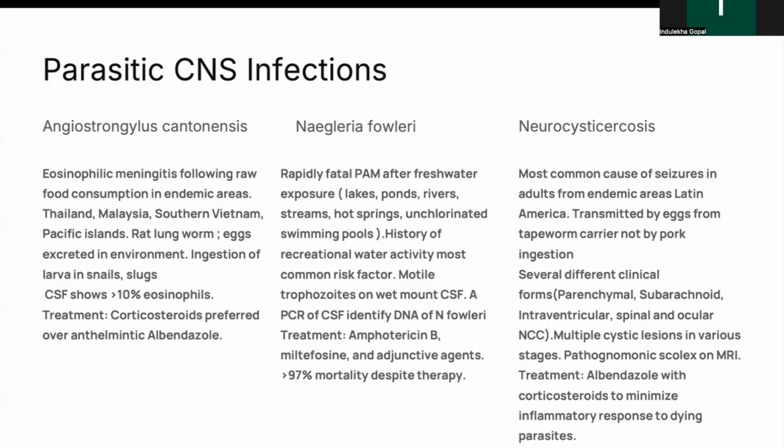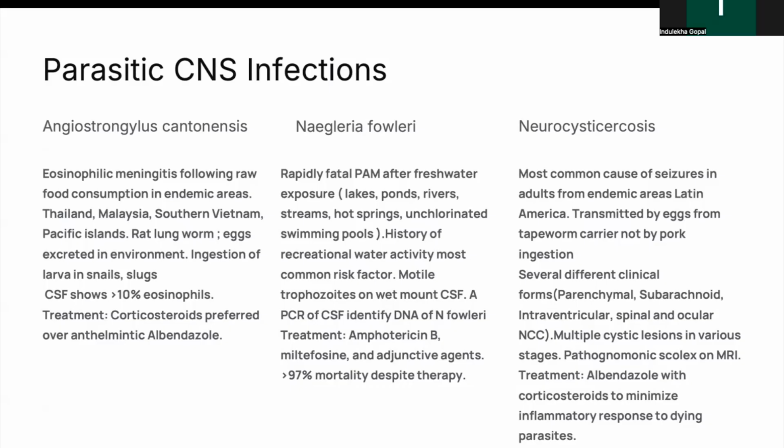The diagnosis is by motile trophozoites on wet mount in the CSF. There is a PCR test to identify the DNA. For treatment, there are many agents: amphotericin B, miltefosine, and many other adjuvant agents. You throw in a lot of medication because the mortality is 97% despite therapy.